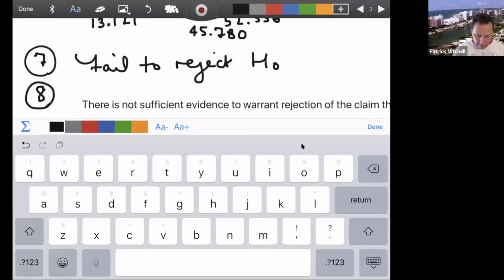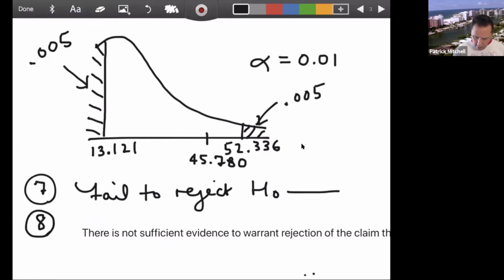Let me see, is there a way for me to fix this? Okay, sorry about that.